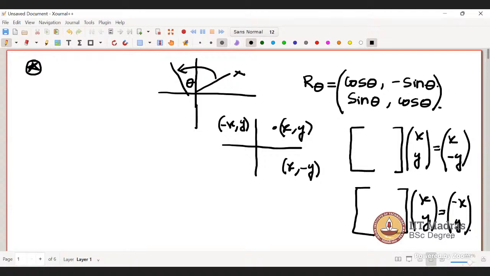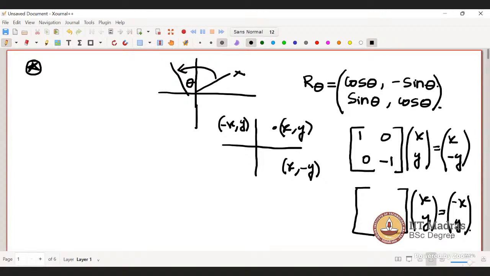So in the first one, reflecting (x, y) along the x-axis, the matrix will be what? It will be 1 0, and 0 minus 1, right? Yes.